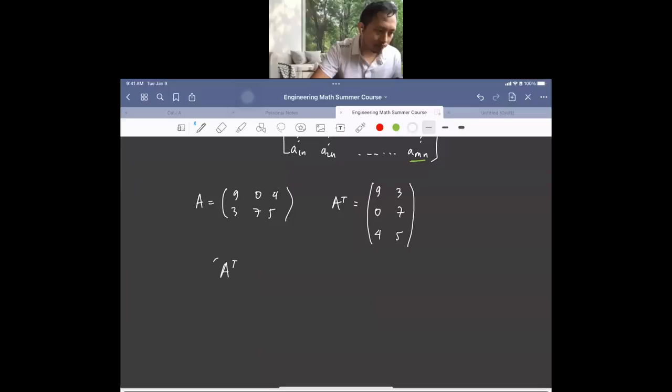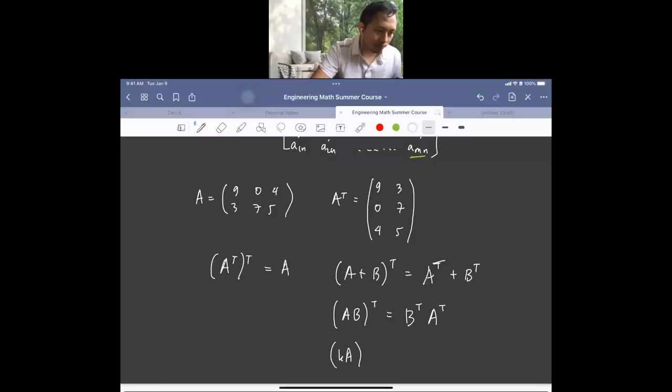Another property: if you transpose twice, it goes back to the original. If we take A plus B and then transpose, we can transpose each part and then add. If we transpose a multiplication, we can make it into B transpose A transpose.